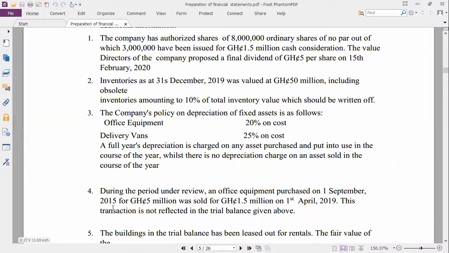So that means to get accumulated depreciation, we have to start counting from where they bought the asset till now. Don't forget to exclude the current year, because we don't depreciate the asset in the year of what? Disposal.